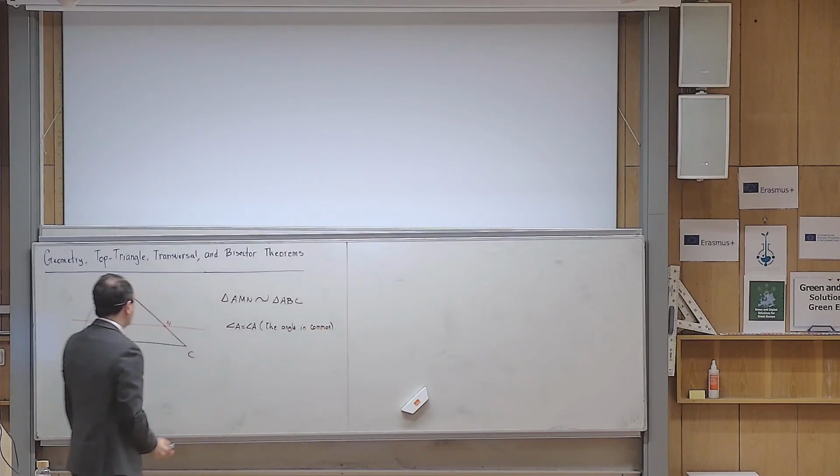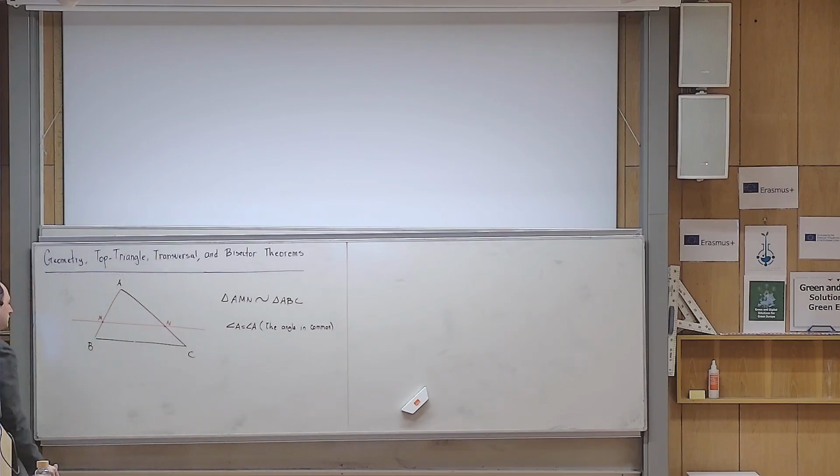There is one more angle that you need to convince me of. For example, let us concentrate on this angle M and this angle. You can have a feeling that probably angle M is equal to angle B, but why is that? Because those two lines are parallel and AB is a transversal. Do you remember I told you about a Z shape? So this angle and that angle are always the same.